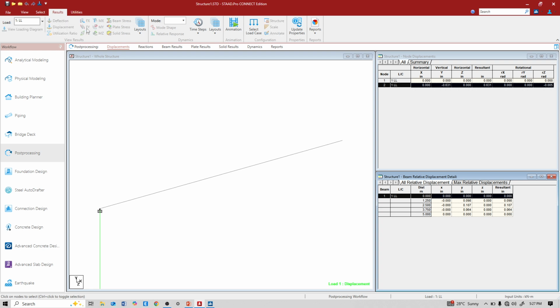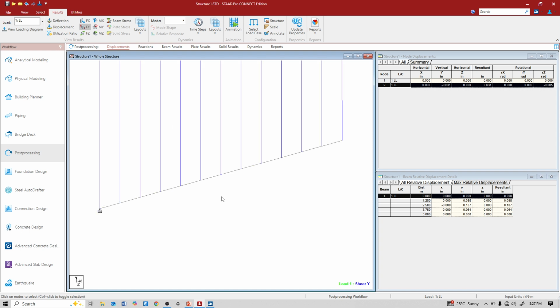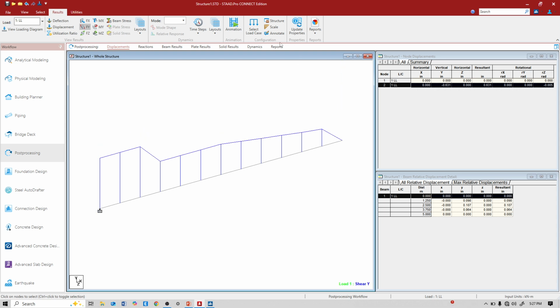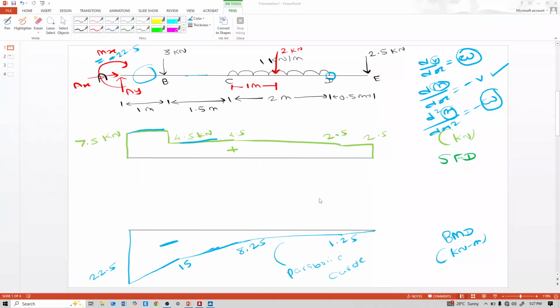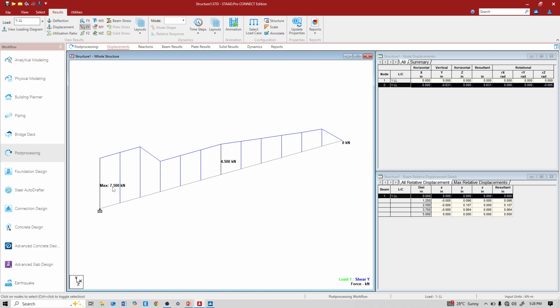Now see shear force value. This is 7.5 kN shear. Here see 7.5 kN.